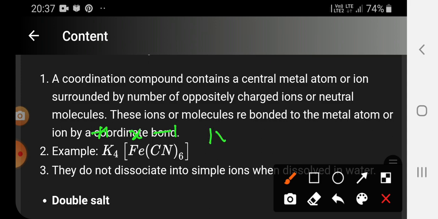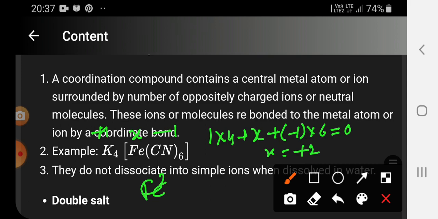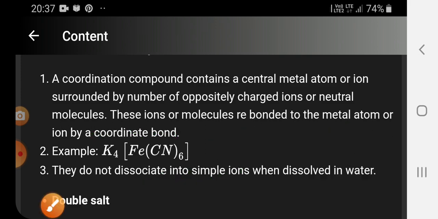So it will be 1 into 4 plus X plus minus 1 into 6 equal to 0, and the value of oxidation state for Fe will be plus 2, which means in the given complex iron exists as Fe2 plus, known as ferrous iron. So I hope that all of you have understood this particular concept.